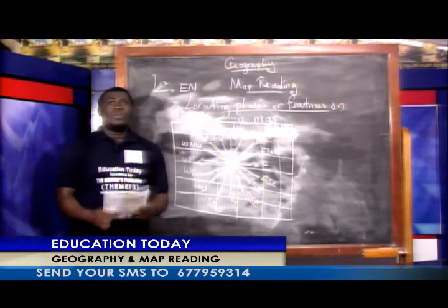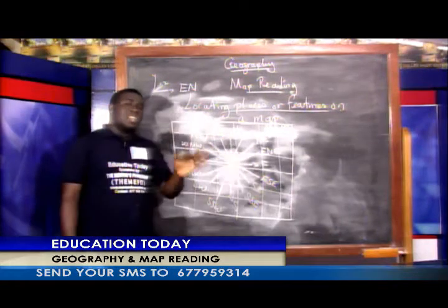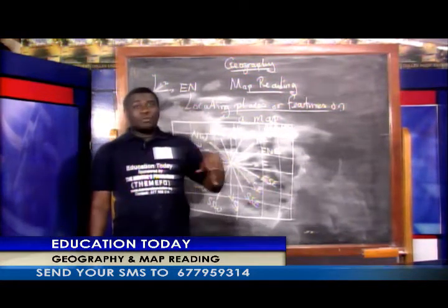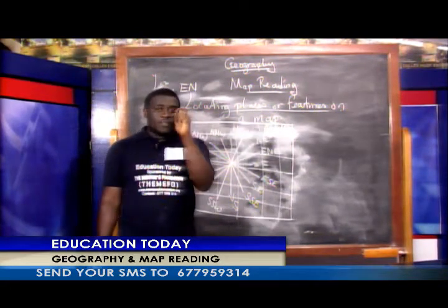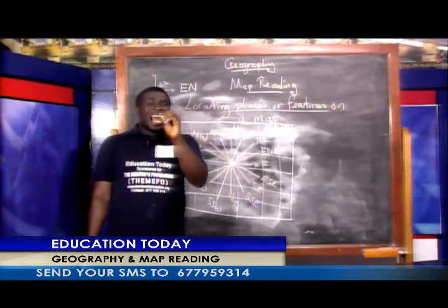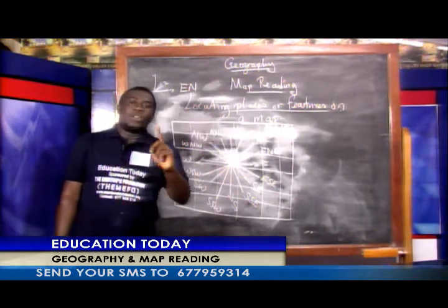Advanced level students, you must be able to emphasize your location. Any feature that you want to work on, you must first of all give where it is found on the map. That is either the 4-figure reference, the 6-figure reference location of that particular feature, or the cardinal point location of that feature, or the bearings of that feature from another town.